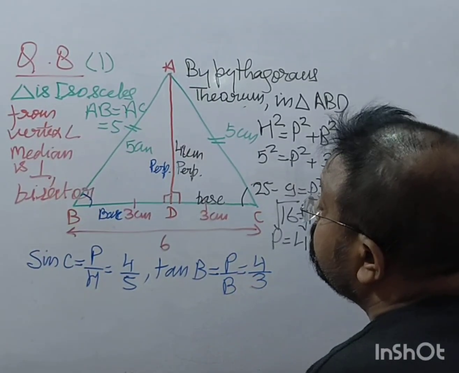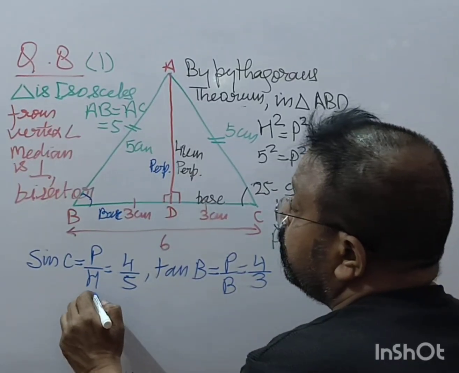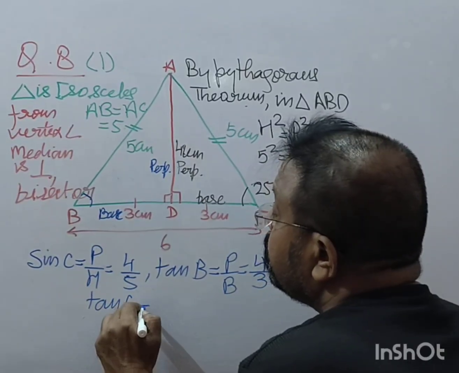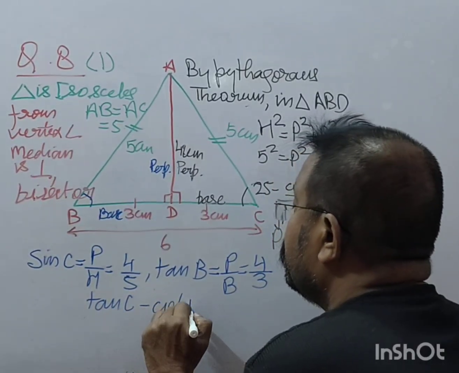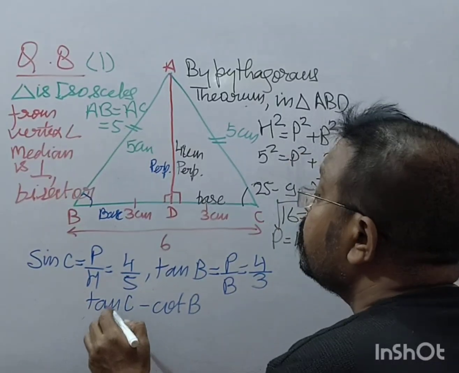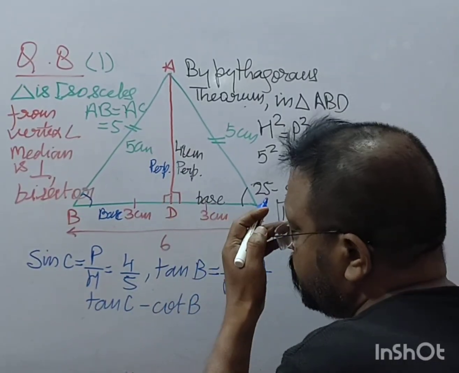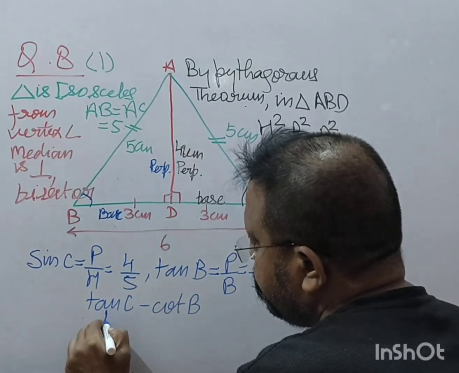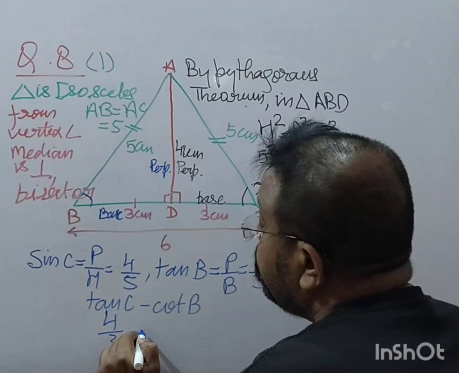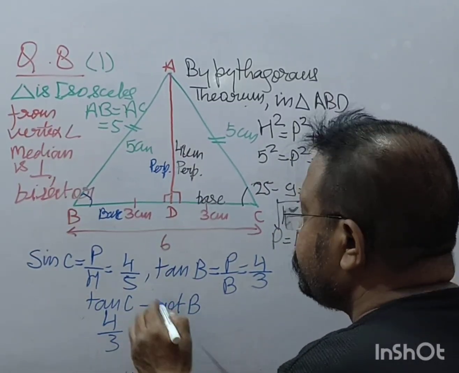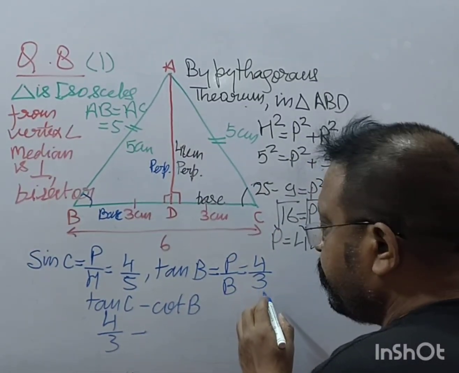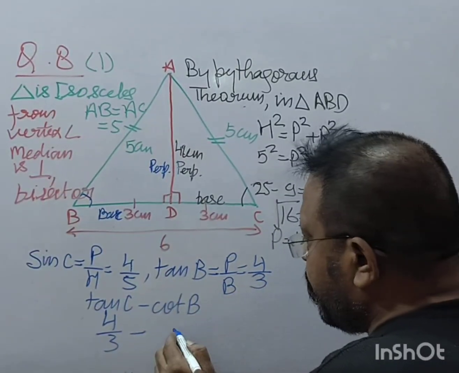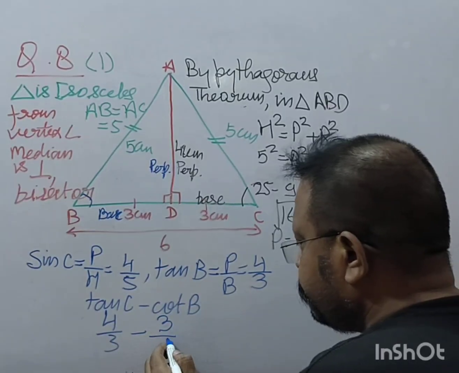Now what? Tan C minus cot B. So what is tan C? Tan C is 4 by 3, minus cot B. Tan B is 4 by 3, so when we take the inverse, cot B becomes 3 by 4.